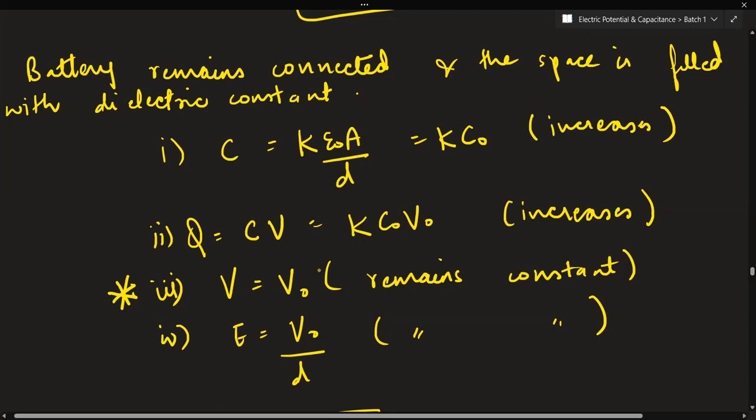So V is V naught, that remains constant. And electric field is V naught divided by D, so if this remains constant, electric field also remains constant. So four things: capacitance increases, charge increases, potential difference and electric field both remain the same.